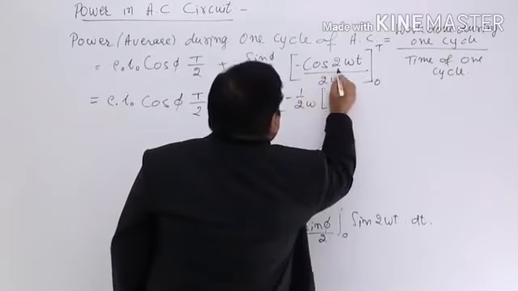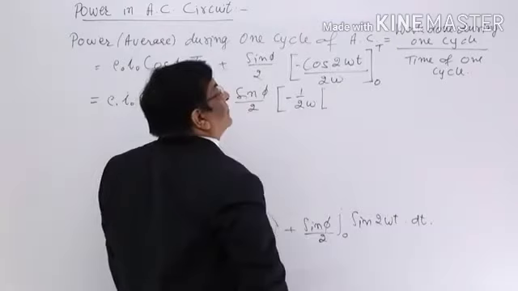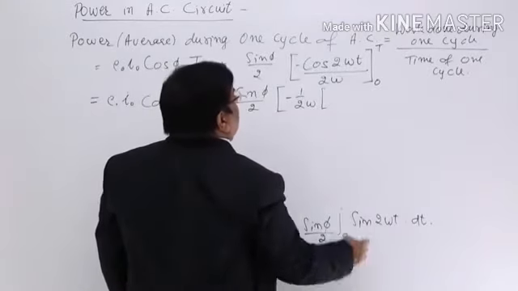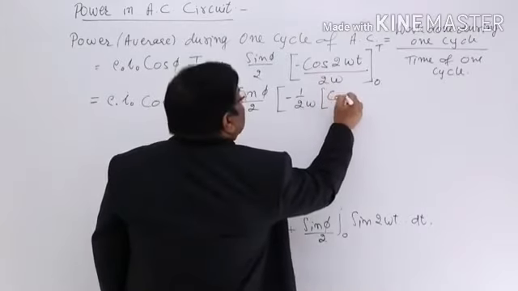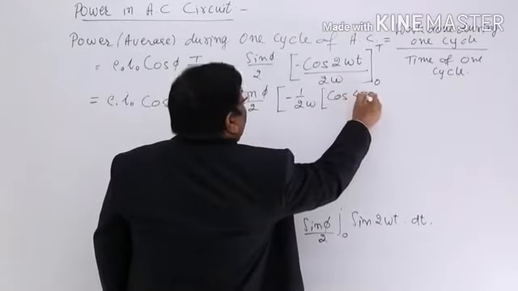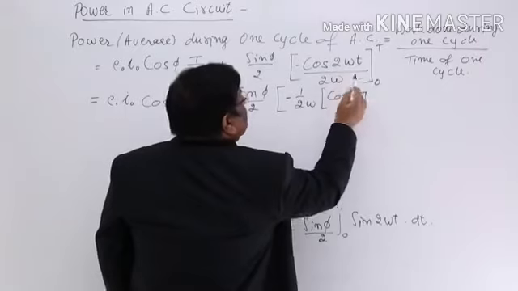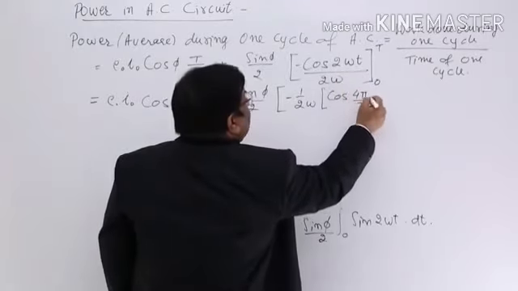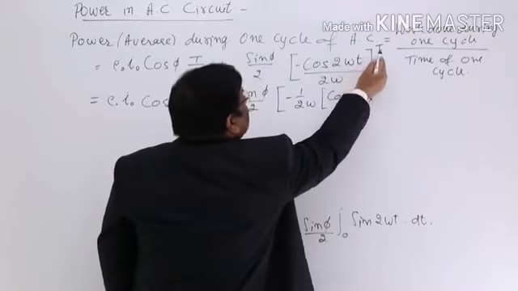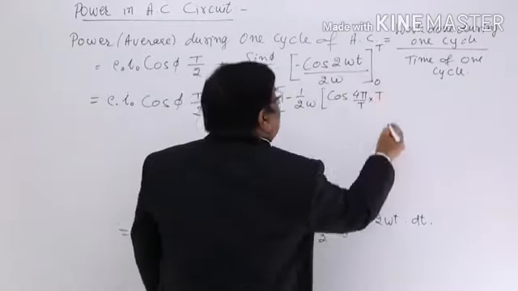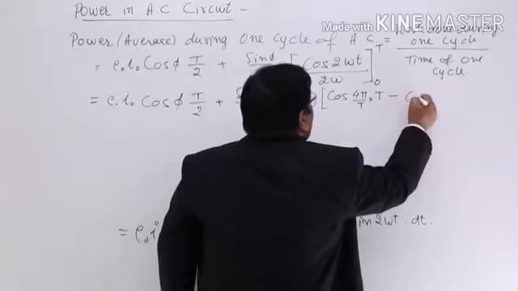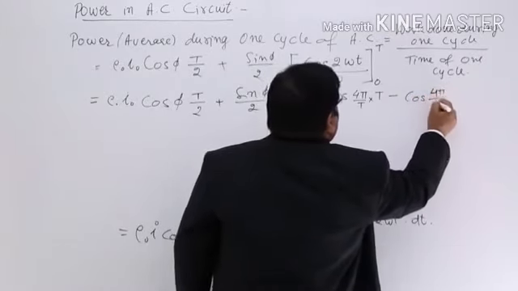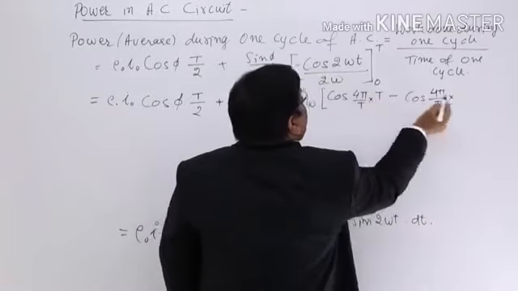Here 2 omega is equal to 4 pi upon T, because omega is equal to 2 pi upon capital T. So we can write cos 4 pi upon T multiplied by T, minus again cos 4 pi upon T multiplied by 0.